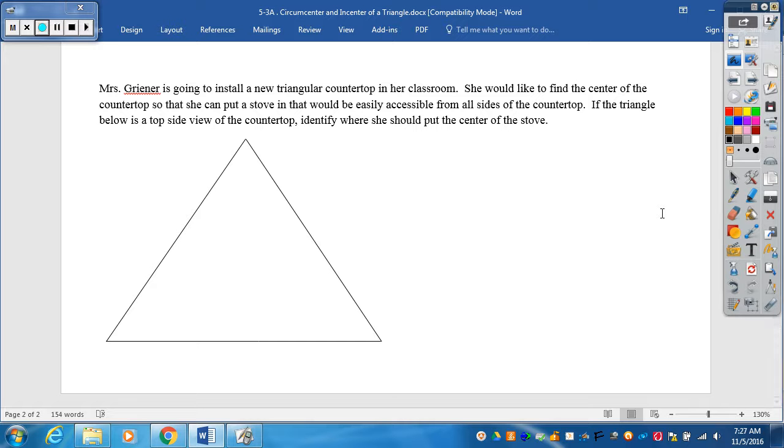She would like to find the center of the countertop so that she can put a stove in that would easily be accessible from all sides of the countertop. If the triangle below is a top side view of the countertop, identify where she would put the center of the stove.